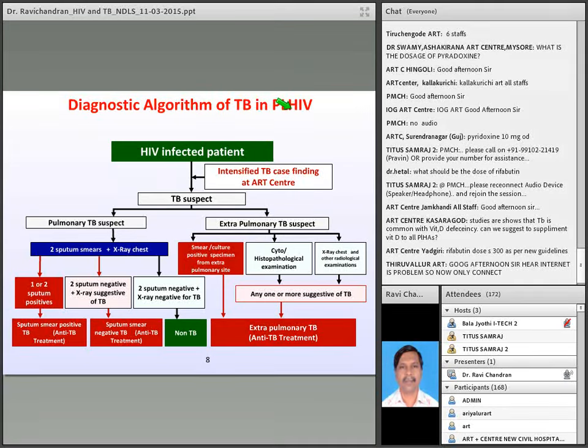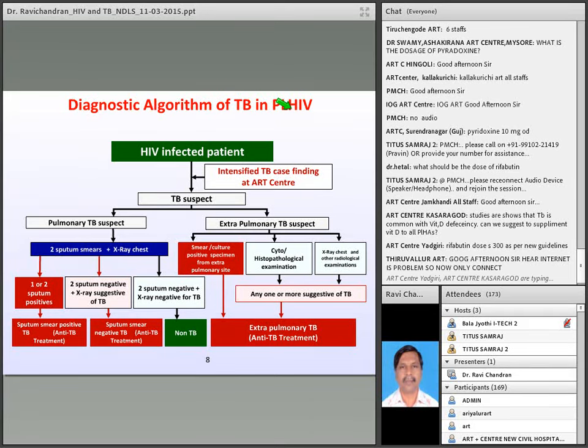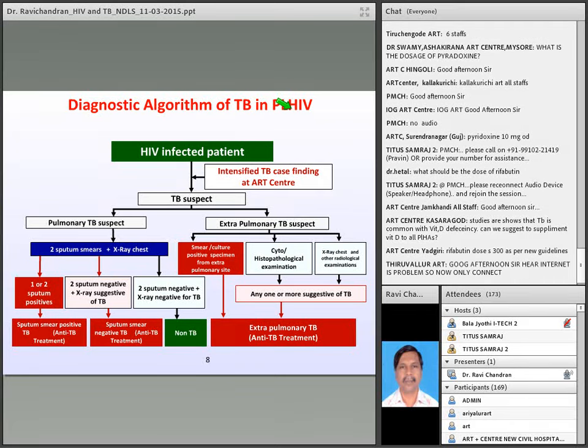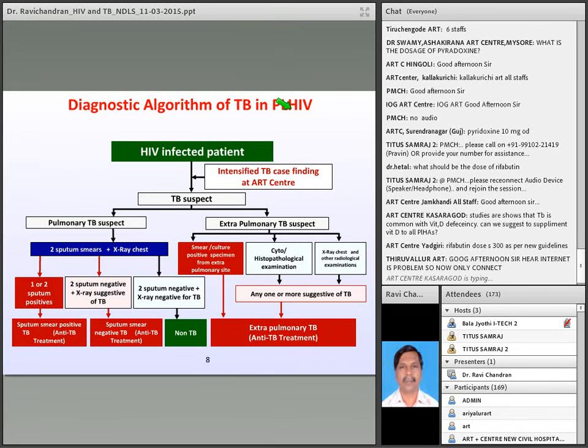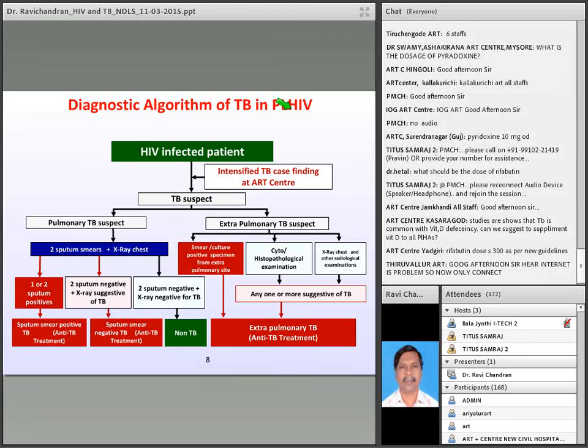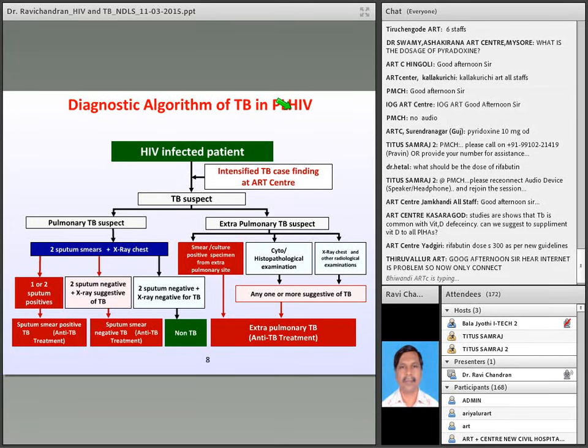If 1 or 2 sputum smears are positive, we categorize them as smear positive TB patients. If both sputums are negative for acid fast bacilli, but the X-ray is suggestive of tuberculosis, the patient is categorized as sputum smear negative tuberculosis. And if both sputum smears are negative and the X-ray is not suggestive of pulmonary tuberculosis, we categorize them as non-tuberculous patients and we don't start any antituberculosis drugs.